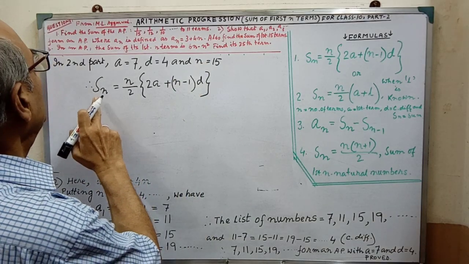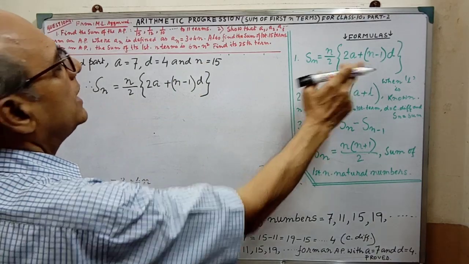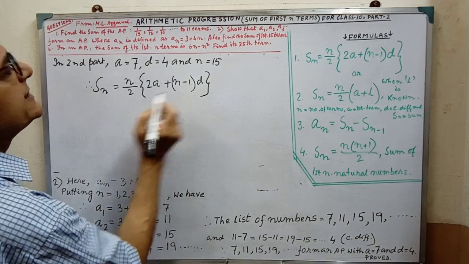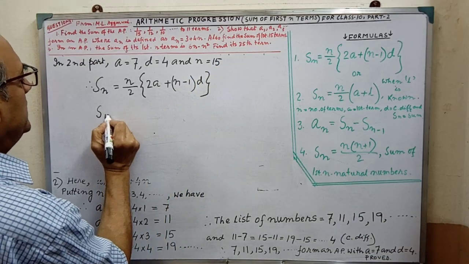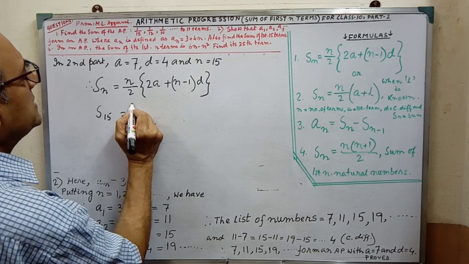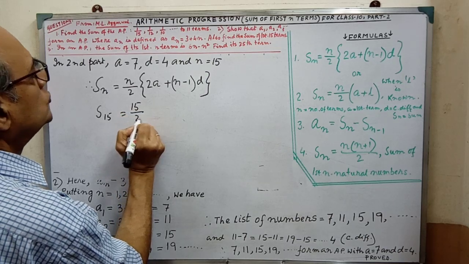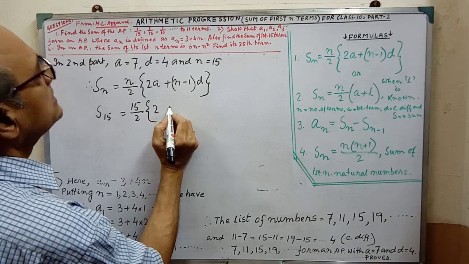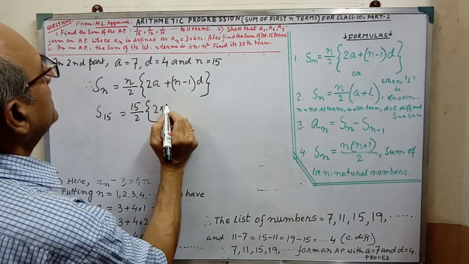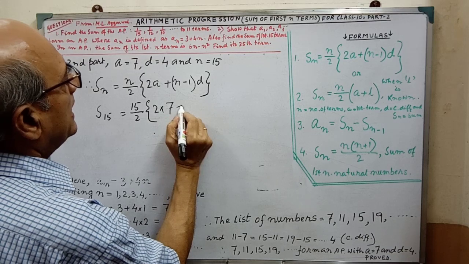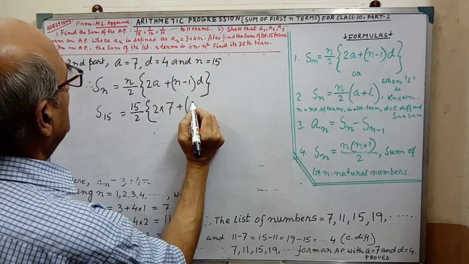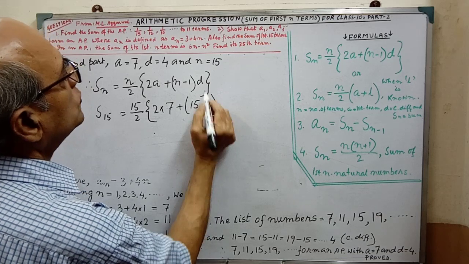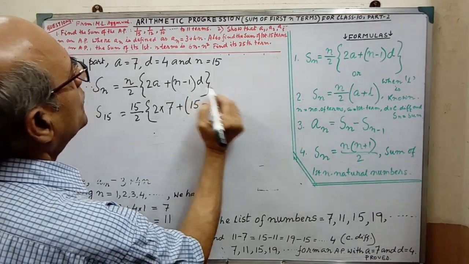So by applying the formula Sn equal to this formula, then here we have to put the relevant value that is S 15, N that is 15 by 2, and value of A that is 7, and N that is 15 minus 1, and value of D that is 4.